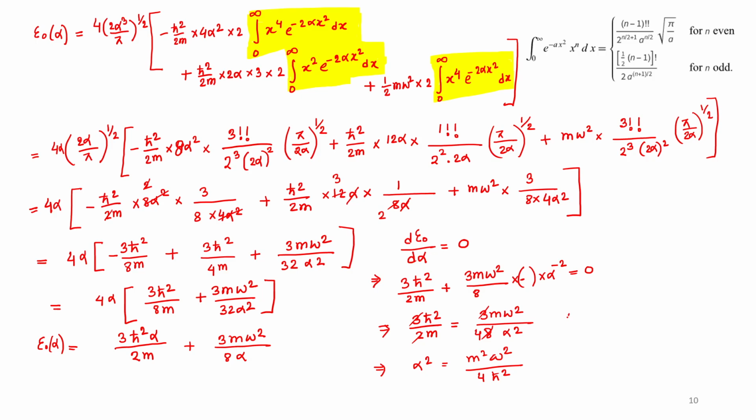So again your alpha becomes m omega by 2h. And obviously if you check this double derivative, your epsilon 0 will have minimum at alpha equal to m omega by 2h, right?